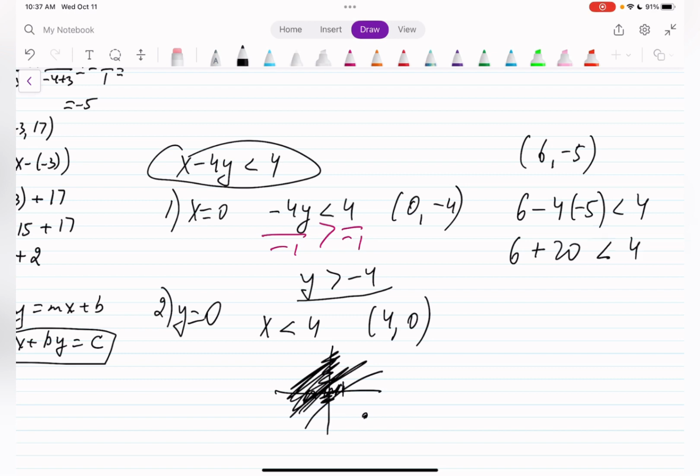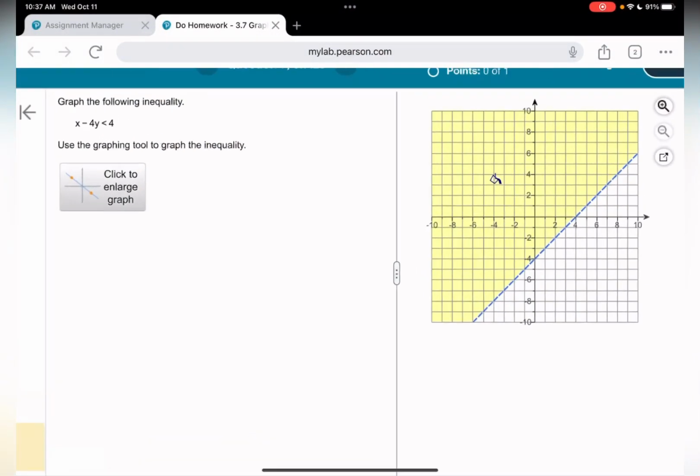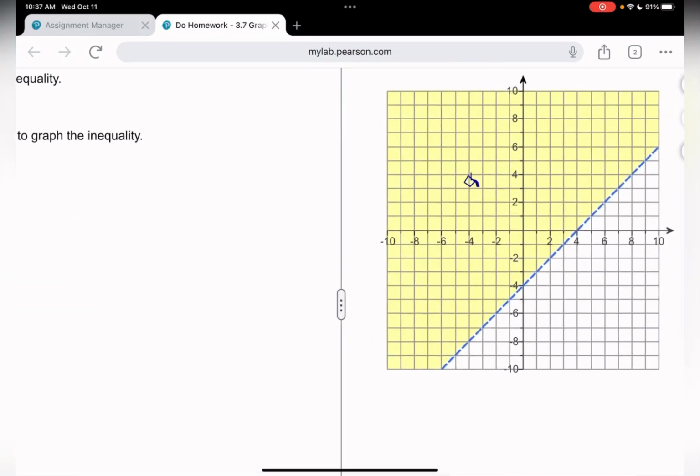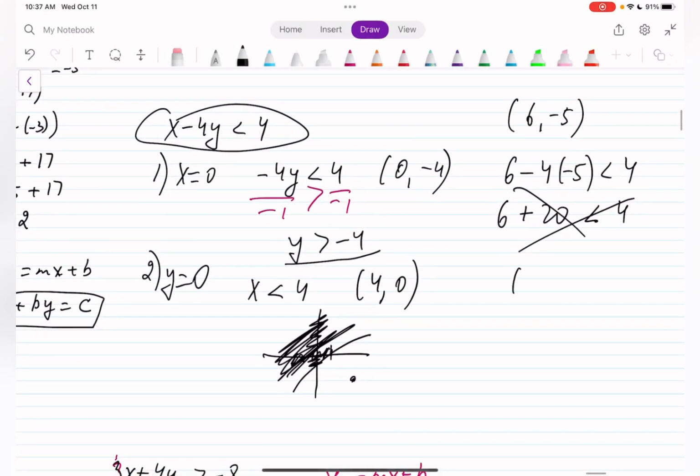This is not working. Now this is not the true case, and I'm taking again this side where I painted. I am taking negative 4, positive 6. X is negative 4, y is positive 6. Plugging here, minus 4 minus 4 times 6, less than 4. Negative 4 minus 24, less than 4, which is the true case.